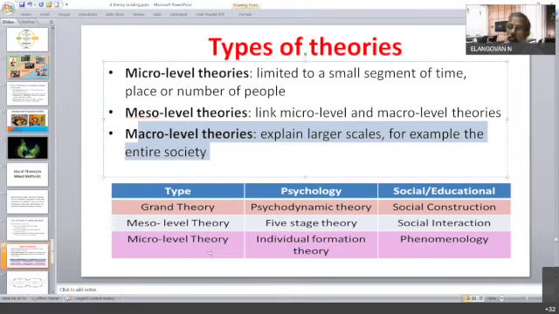You can do this exercise by doing a review of literature, even with a popular theory like Maslow's theory. Maslow's theory can be a grand theory. If you break it down, Maslow's theory itself has two parts. The first part talks about the hierarchy of needs.